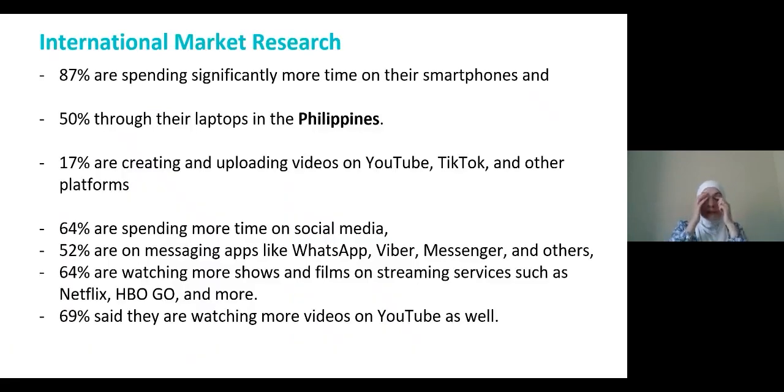So to achieve this identity, you need to be context specific. If we look at the Philippines here, and this was done in April this year, so during the pandemic, they identified that 87% of the people there are spending their time on smartphones, and 50% on laptops.